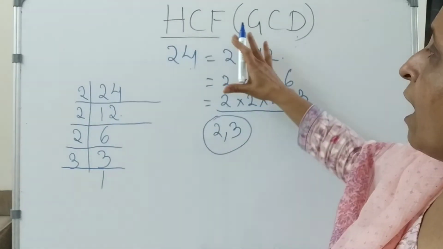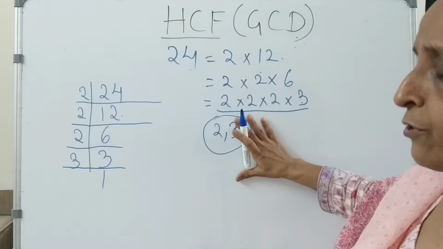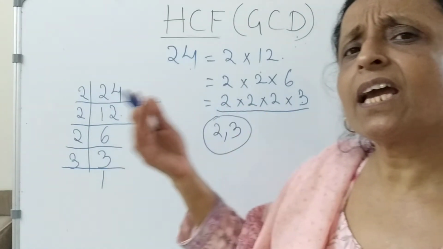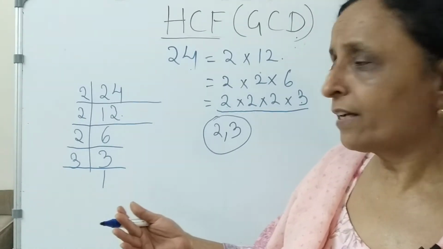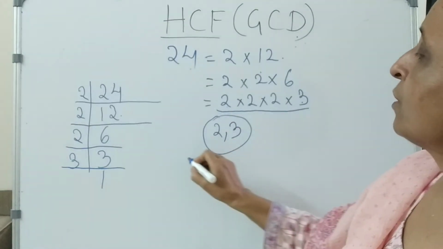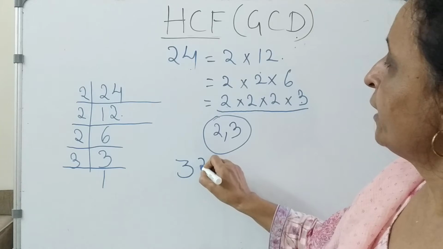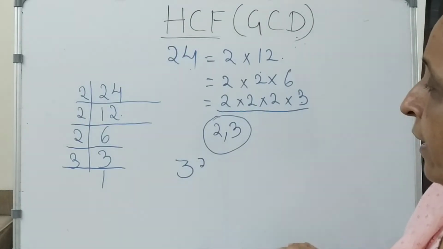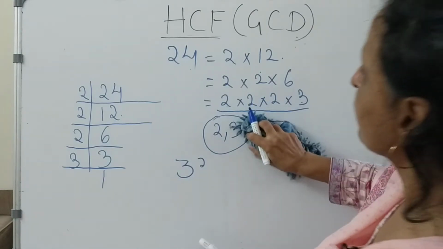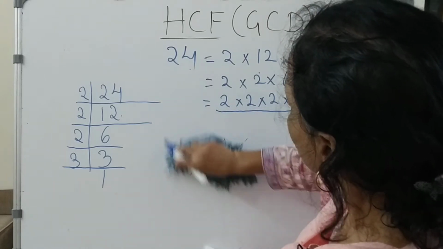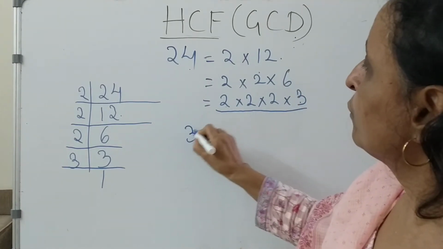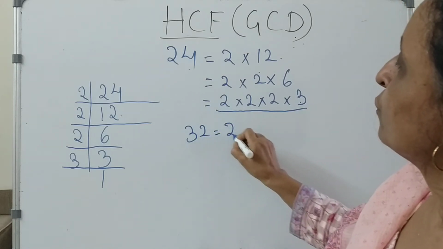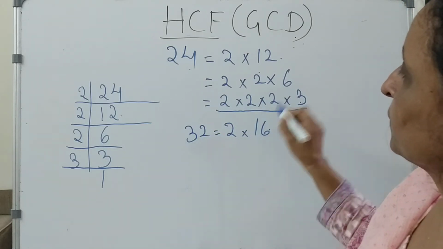Now, after you have factorized 24, let us take another number 32, factorize it and see what is common. Now 32 I can factorize. 32 is equal to 2 into 16.